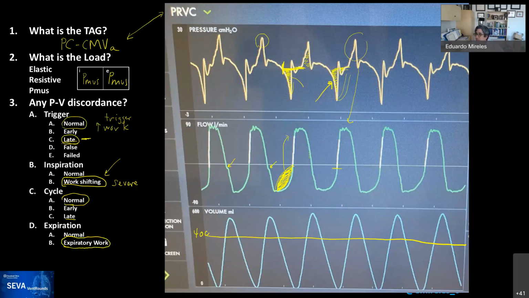Without a doubt, there's IntelliSync. There are some ventilators that now have some automatic features to achieve improved synchrony in terms of triggering and cycling. So that exists and it's coming out.